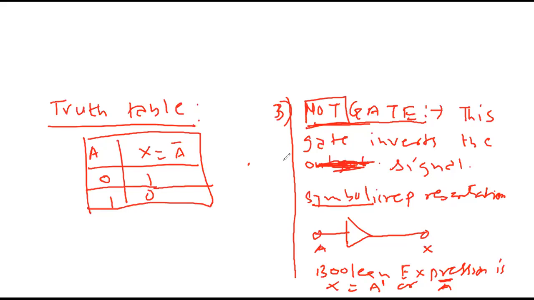Yes, completed. Yes, sir. Fourth one, NOR gate. NOR means OR and NOT. NOR gate will invert the output of OR.